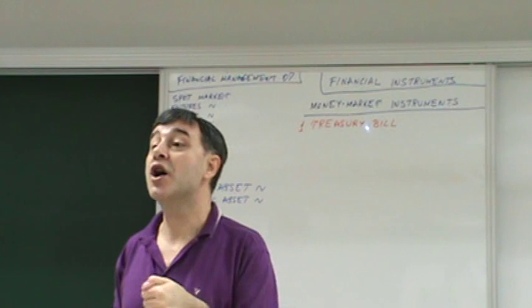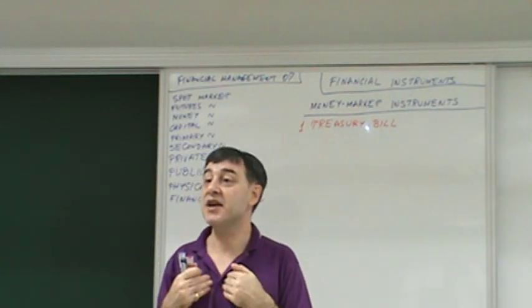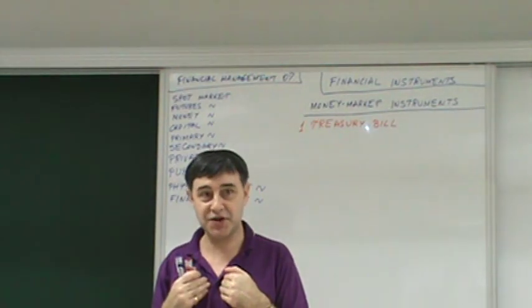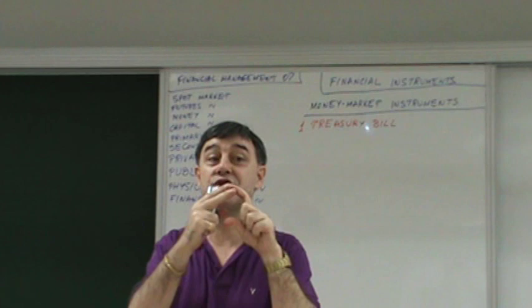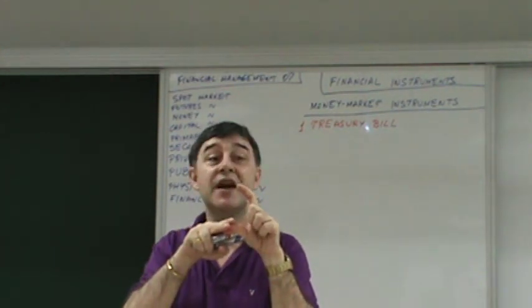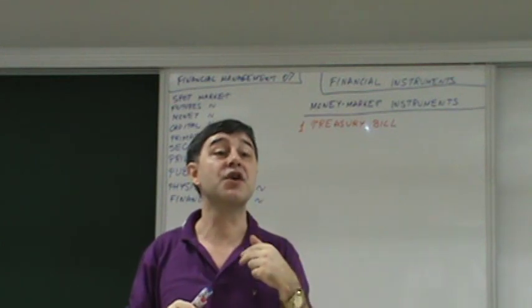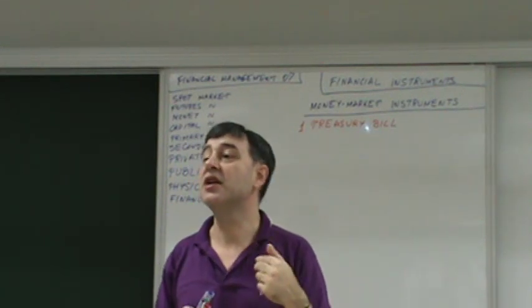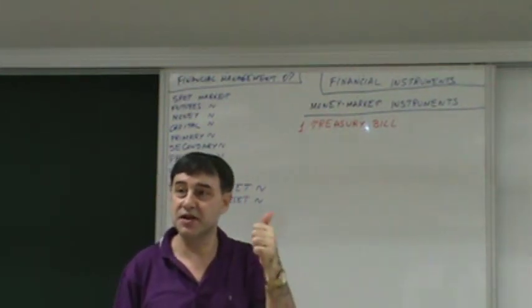There is no coupon. And the only way that the buyer, we call him investor, gets return is through the discount. It is always sold at a discount, and the discount from the principal represents the return to the investor. Okay? So, that's the one characteristic, at a discount.